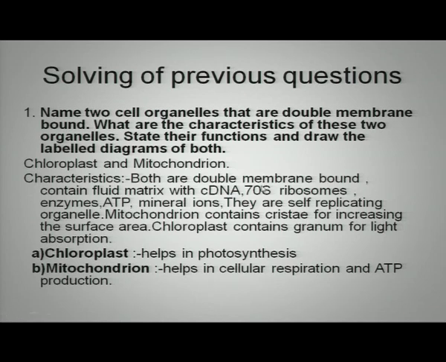Both contain 70S ribosome, enzymes, ATP molecules and mineral ions. Yes, of course, both are self replicating organelles.